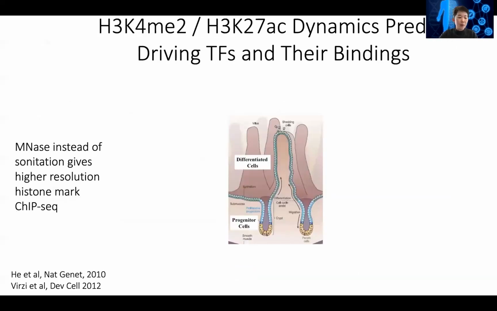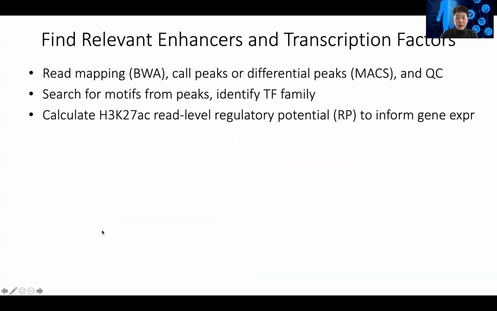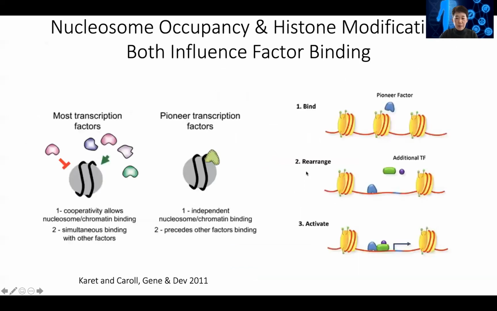This is another example of one of our earlier studies. As we mentioned, depending on how you do the ChIP-seq, if you do sonication, the fragments are usually longer. You will probably get a fragment that covers 2 to 3 nucleosomes at a time.